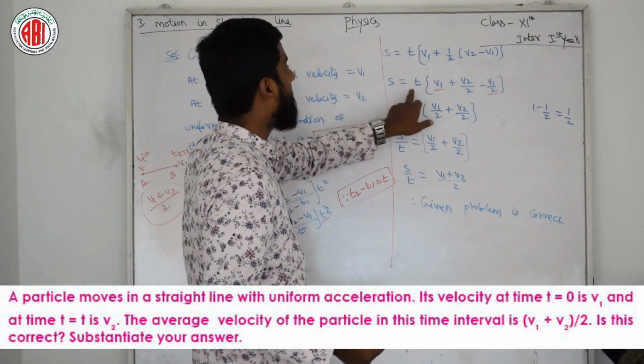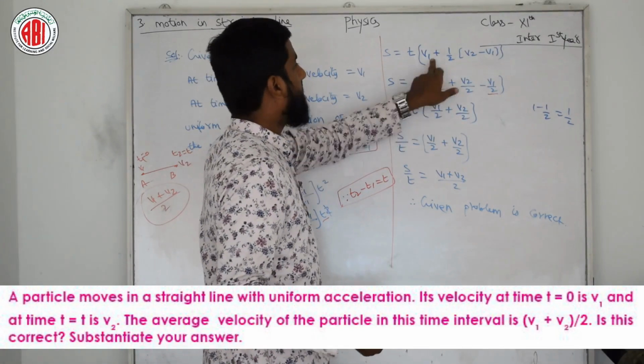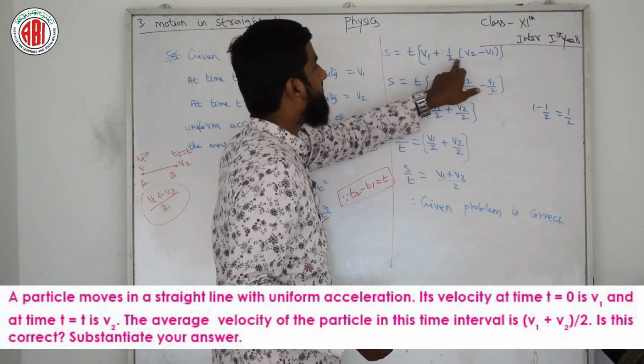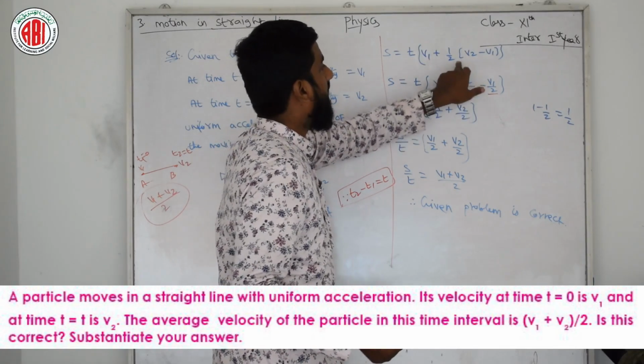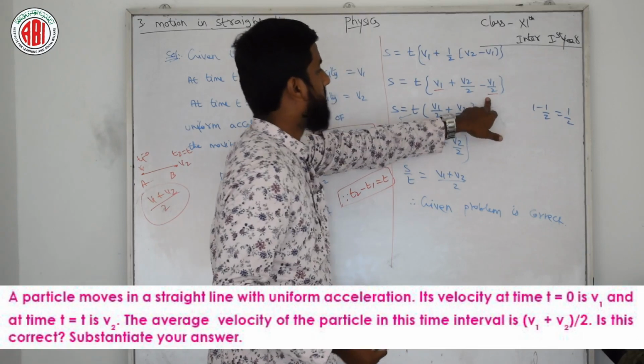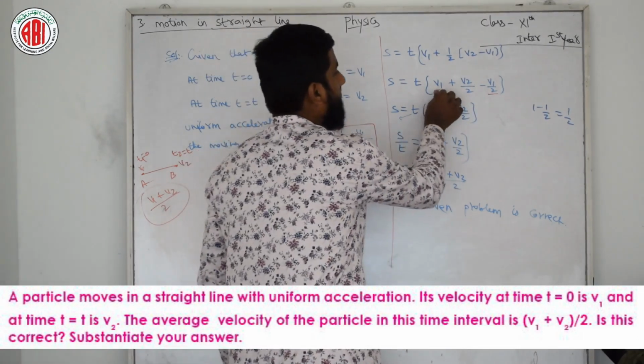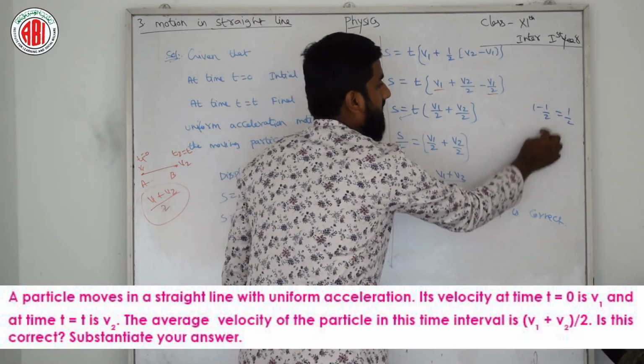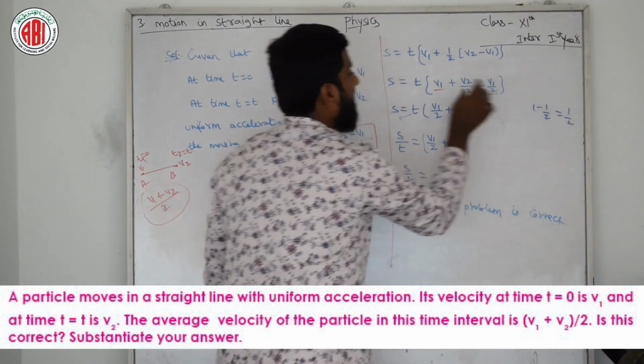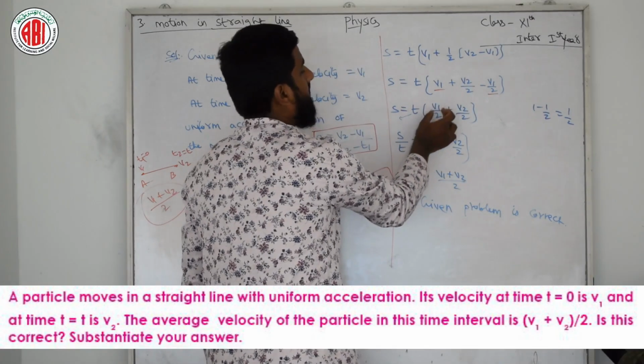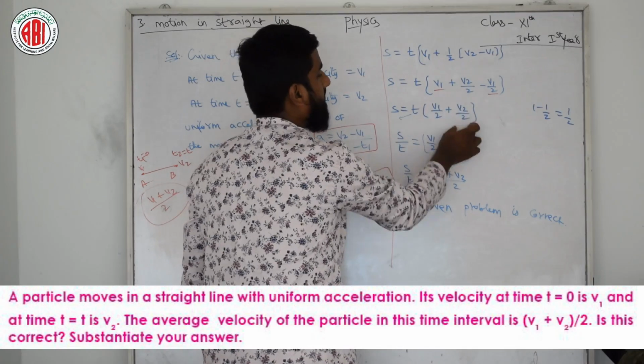After that, t is as it is here, v1 also as it is, I just open this, v2 by 2, after that minus v1 by 2. Now I have v1 minus v1 by 2, 1 minus half we have, half itself, so that's why I wrote v1 by 2 plus v2 by 2.